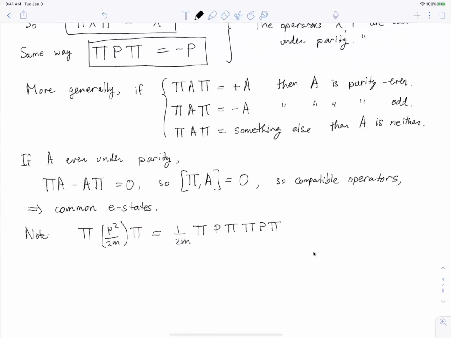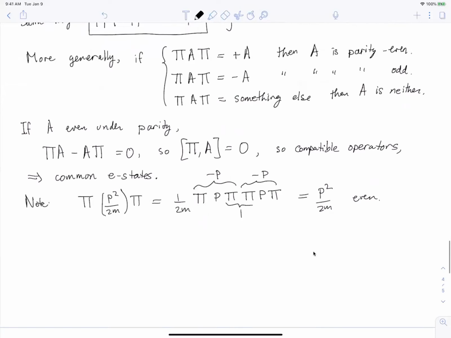I put in two parities there, but that's just one. Okay, and then parity p parity is minus p, and this one's also minus p. But the minus signs cancel, so I get back p squared over 2m, which is even. So the free particle Hamiltonian is even under parity.